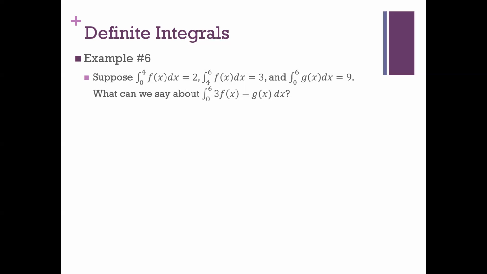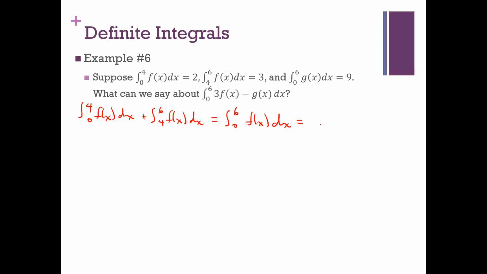Add the f(x). Okay, so I gave you some data about some integrals of f of x, and you're saying I can add these together? Yeah. Why can I do that? Because they share the 4. They share the 4. So this right here is equal to the integral from 0 to 6 of f of x dx.